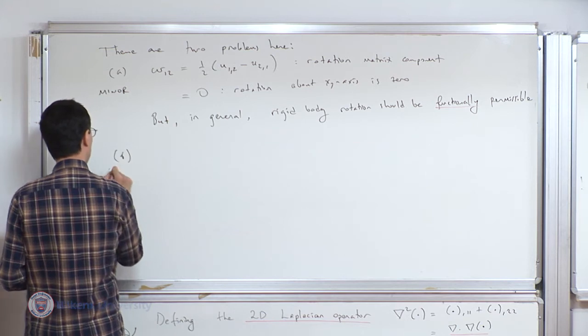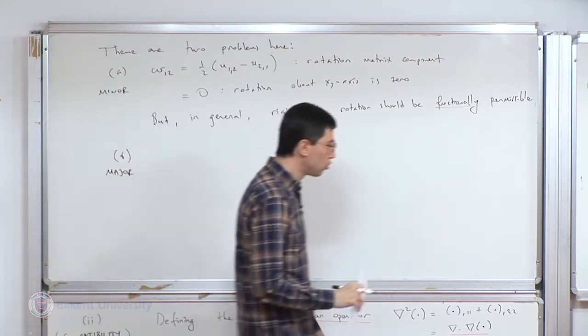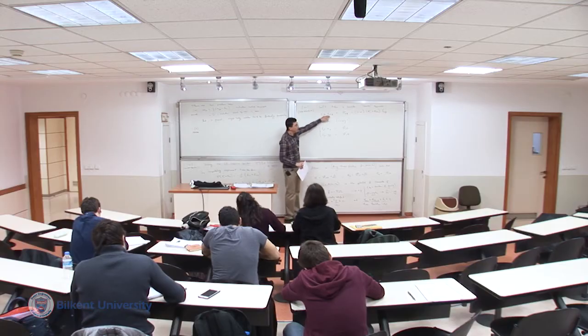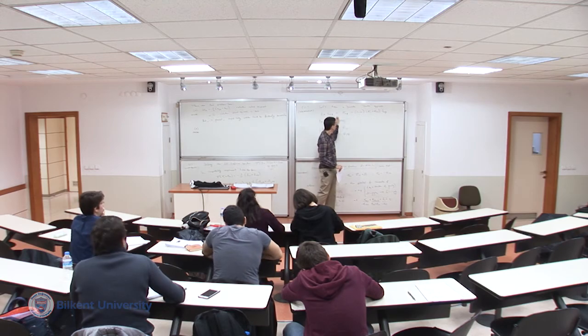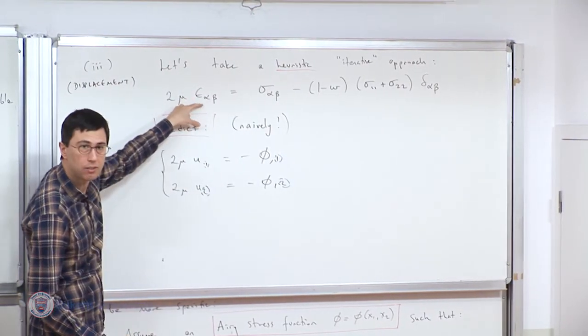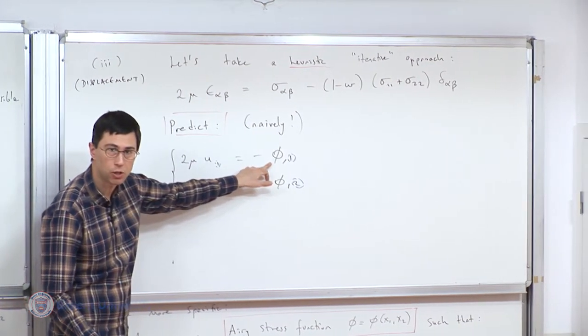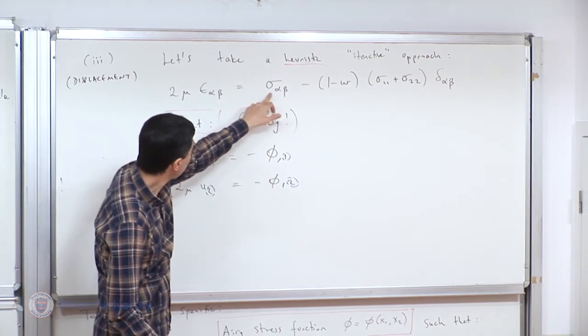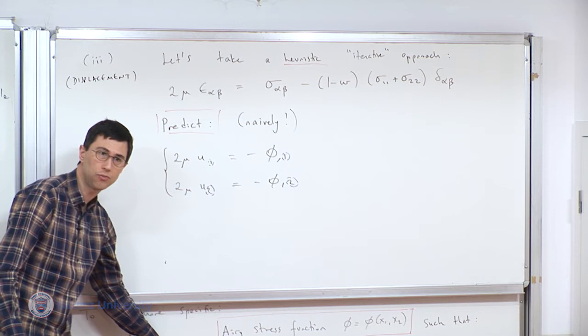The major problem is with the stresses. On the one hand, I have a relation between stress and strain, right? The left-hand side, the strain, is a function of the Airy stress function. The right-hand side, the stress, is also a function of the Airy stress function.